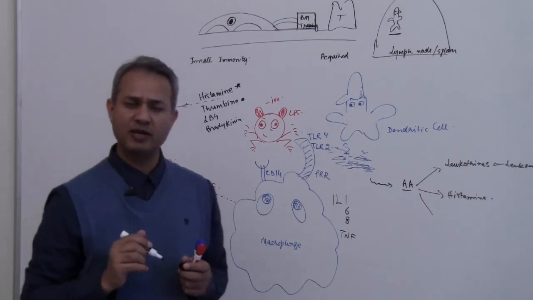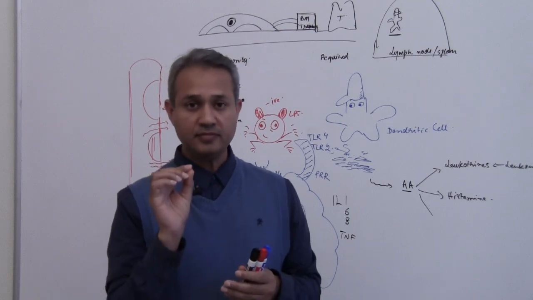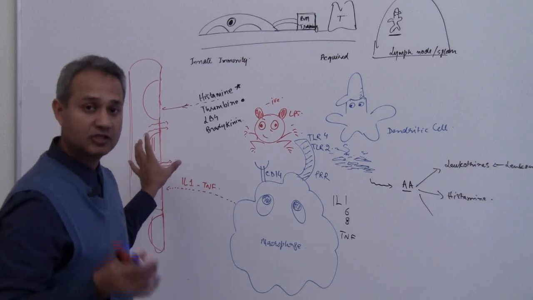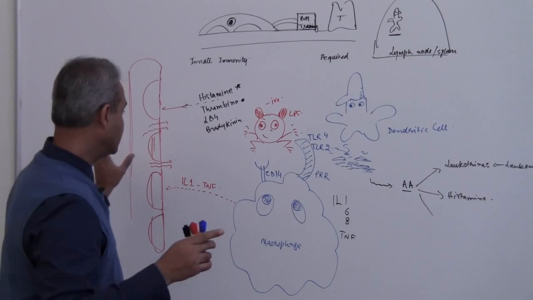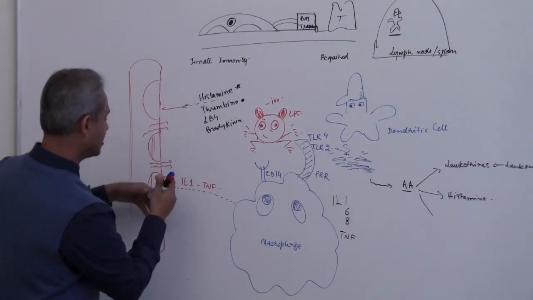Now, a very important thing from a USMLE point of view and from a doctor's point of view, this blood vessel which you are seeing here is a venule. It's not a capillary. Don't say it is a capillary. It's a venule. So these are the veins which have endothelial cells, and these cells are contracting.